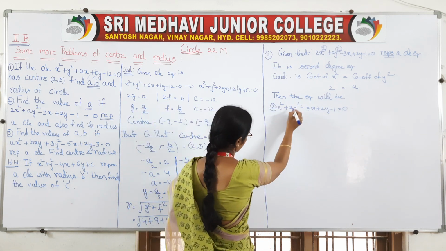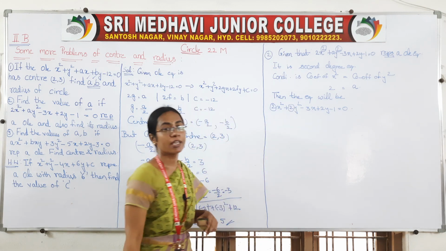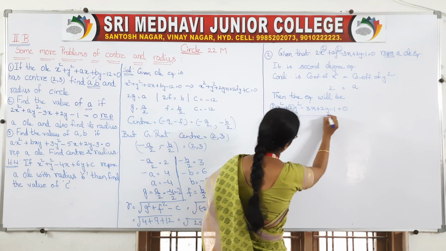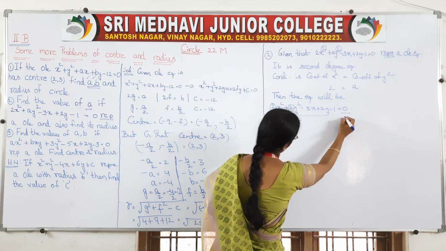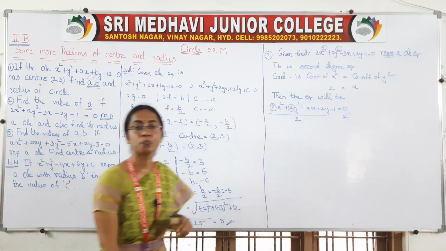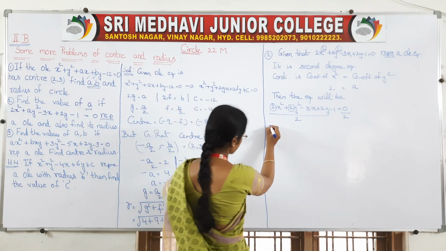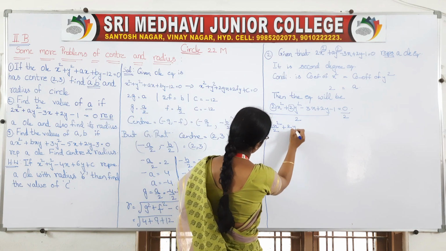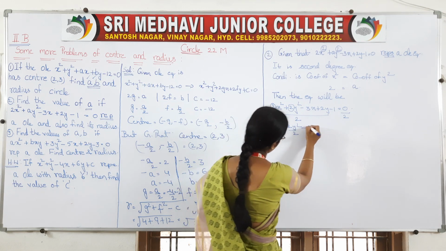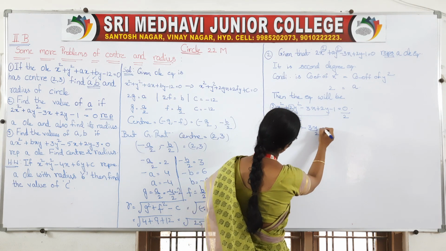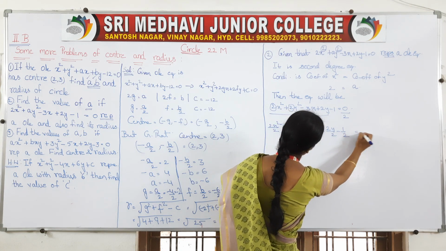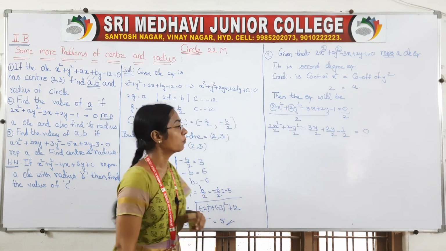Observe, the coefficients of x square and y square are 2, but they must be equal to 1. That's why we divide both sides by 2. Writing separately: 2x square by 2, 2y square by 2, minus 3x by 2, plus 2y by 2, minus 1 by 2 is equal to 0.